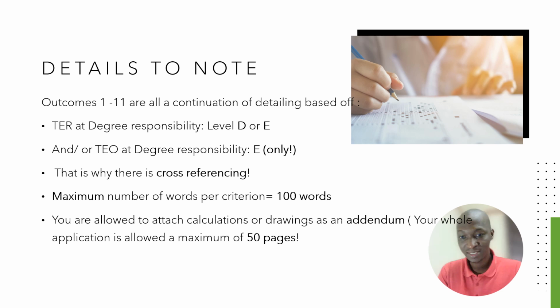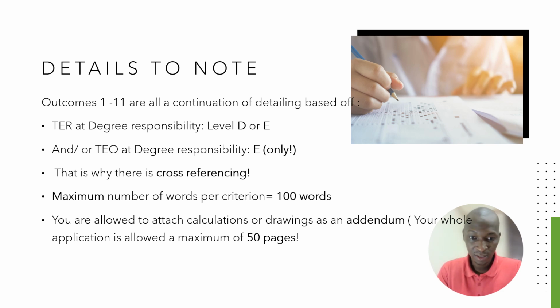The training experience report or outline relates to the engineering report, and they need to speak to each other. If they don't, go back to your training experience reports and fix them.